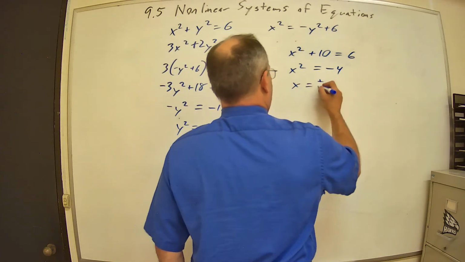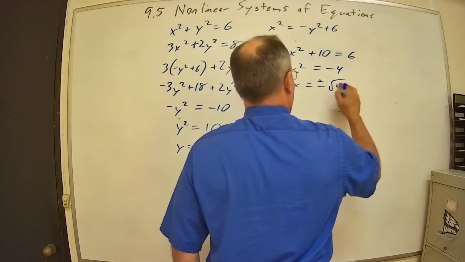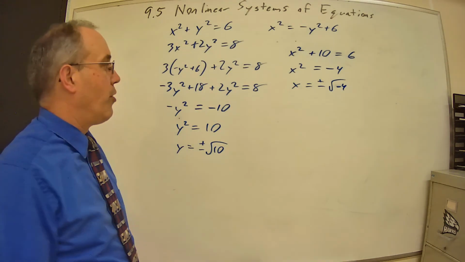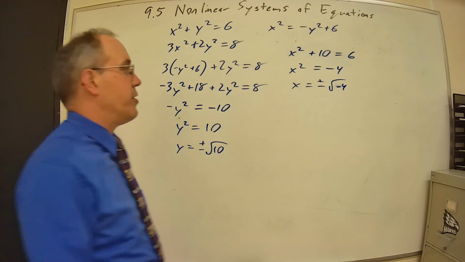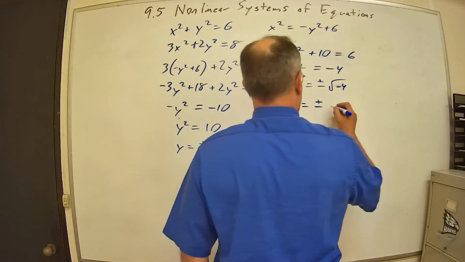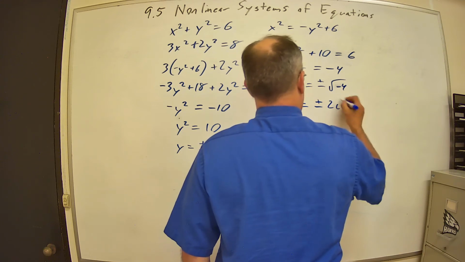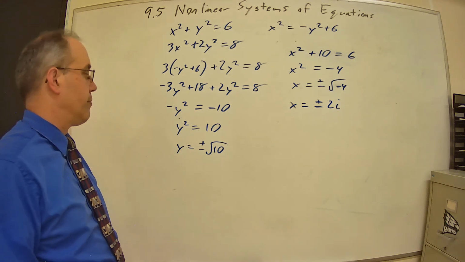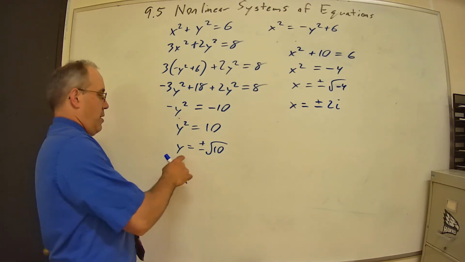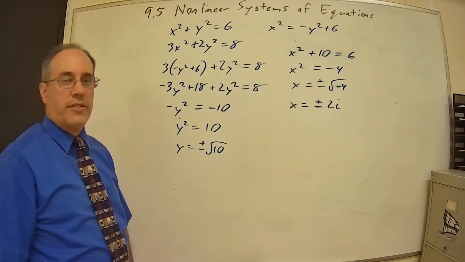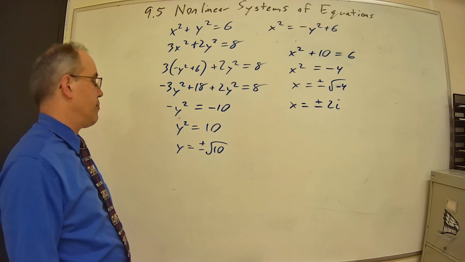X is equal to plus or minus the square root of negative 4. Well, the square root of negative 4, that's an imaginary number, so x is equal to plus or minus 2i. And y is equal to plus or minus the square root of 10.